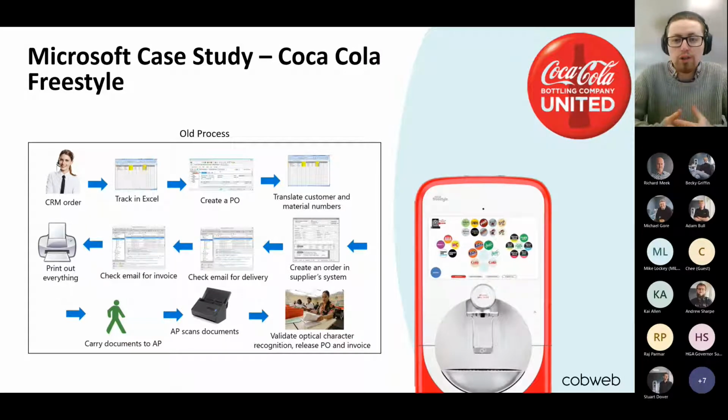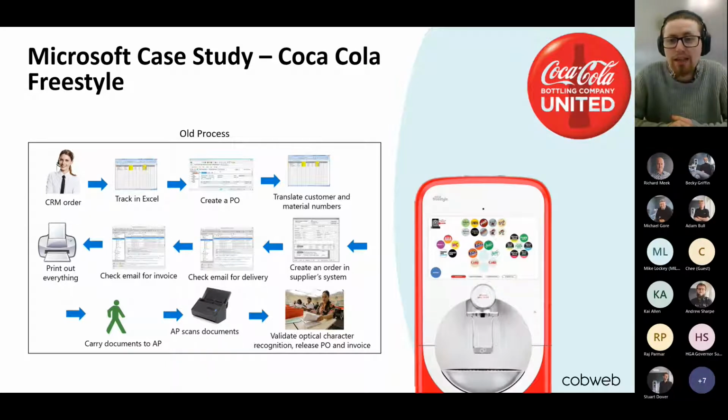Their new ordering system would need to be completed using an 11-step process via an Excel spreadsheet that required a dedicated CRM agent to take the order and manually manage that order through the system, scanning the invoice, walking it to the accounts payable department, delivering the invoice.